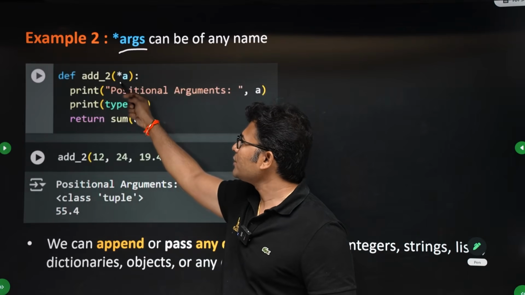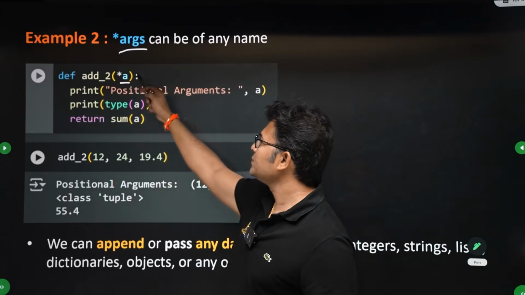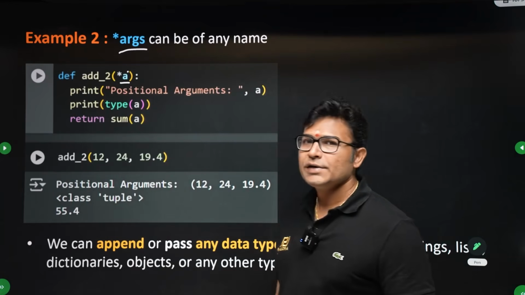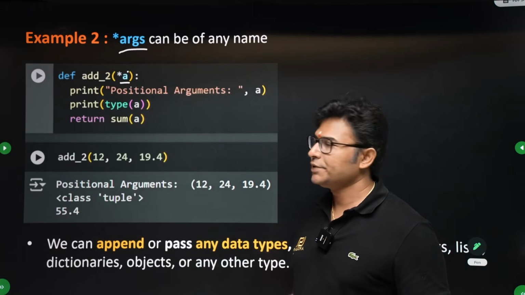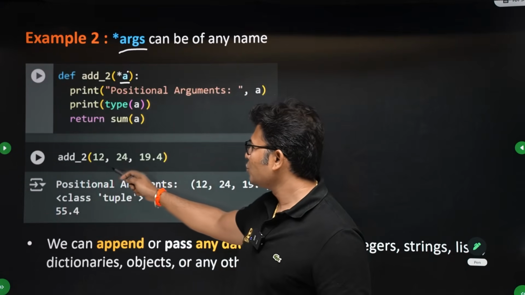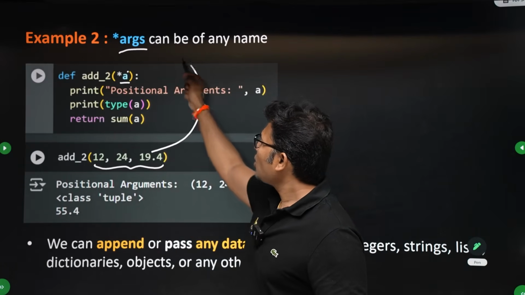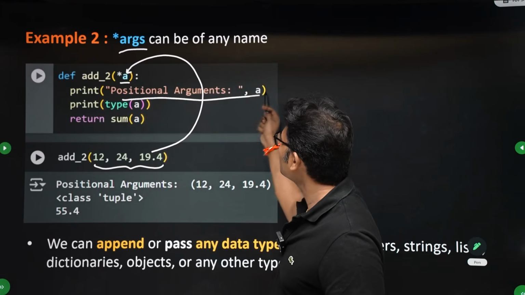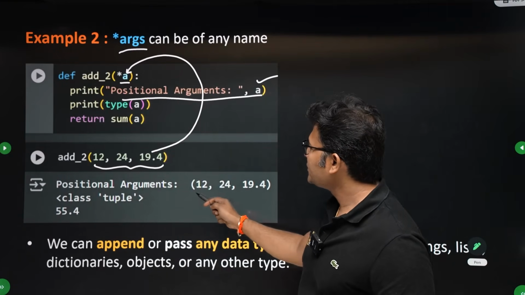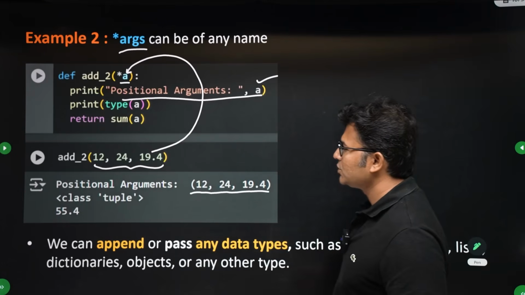You can use star a. The program will behave the same. Star a means a is nothing but a tuple which will get all the positional arguments, right? For example, if the positional arguments are 12, 24, 19, all of them will go into a, and when you try to print the value of a, you are going to see 12, 24, 19 as a tuple, that is, the positional arguments.